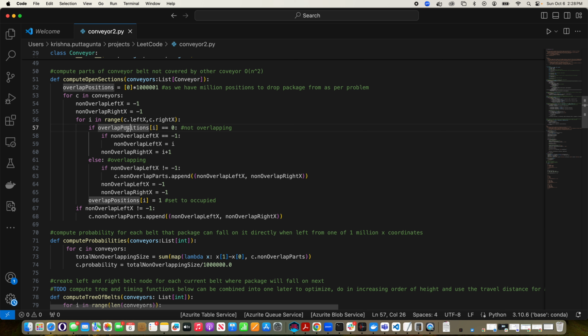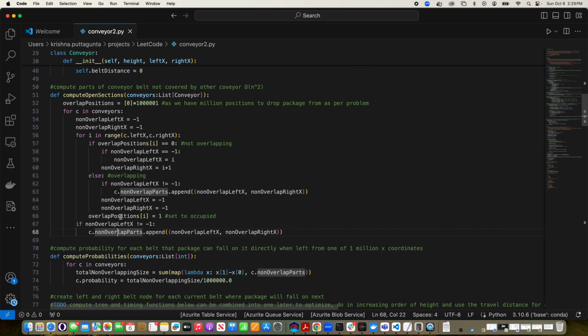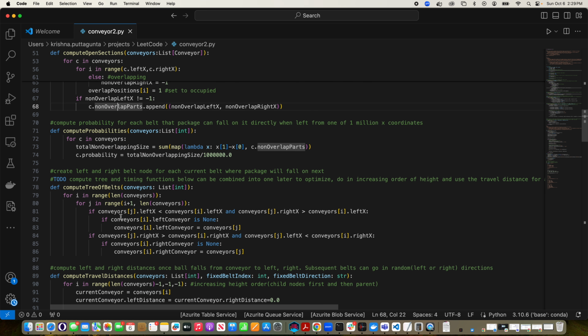If this particular portion of the Boolean points is not filled by any previous conveyor, then you know that that portion is not overlapped by any conveyor for this conveyor belt. That is how you compute the non-overlapping parts and create an array of non-overlapping parts.